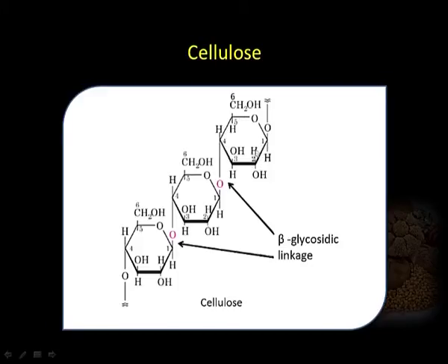So, glucose molecules are linked by beta linkage here, and this is the main difference between starch and cellulose. Both consist of D plus glucose molecules. The only difference is that in starch there is an alpha linkage, that is, it is the alpha anomer of glucose which is involved throughout, and in cellulose it is a beta glycosidic linkage, or we say it is the beta anomer of glucose which is being used.